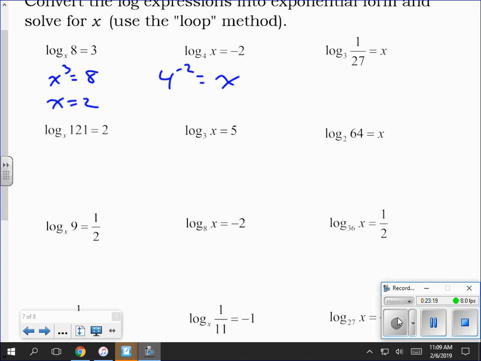That's easy. That means it's 1 over 4 squared, or 1/16. This one's 3 to the x is equal to 1 over 27. X equals 1 over means that x is going to be negative. 3 to what power is 27? 3 cubed, so this is negative 3.